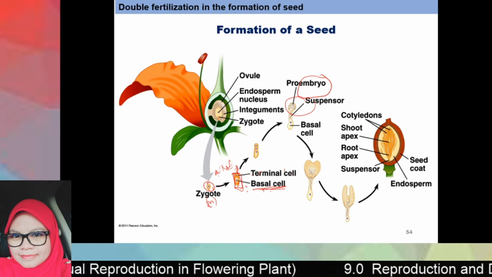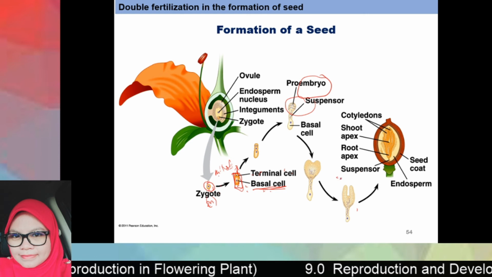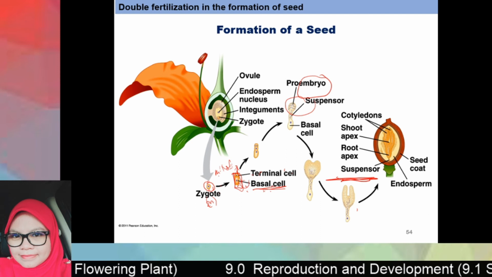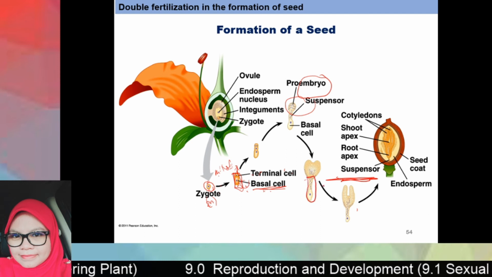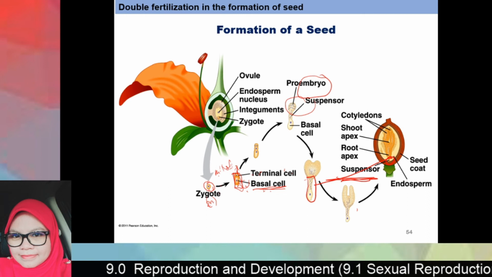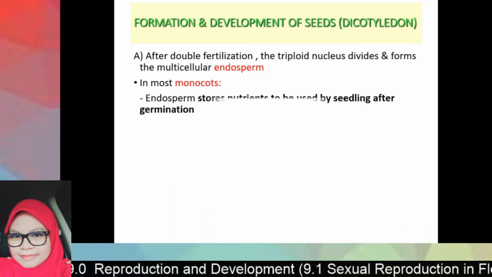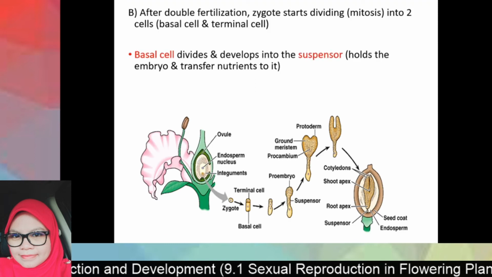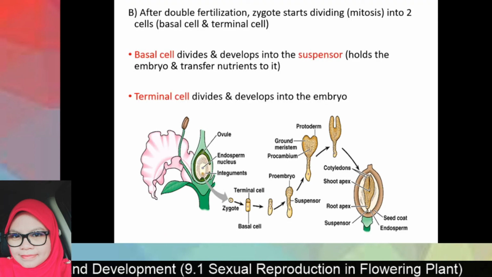And then the basal cell, dia akan jadi suspensor. Okay, this basal cell will develop to become this structure, the suspensor. So function of suspensor, dia lebih kepada untuk provide nutrient. So boleh nampak lah dekat sini.